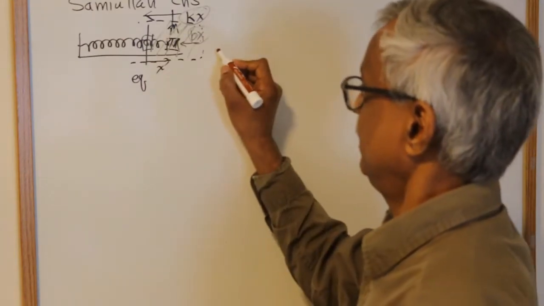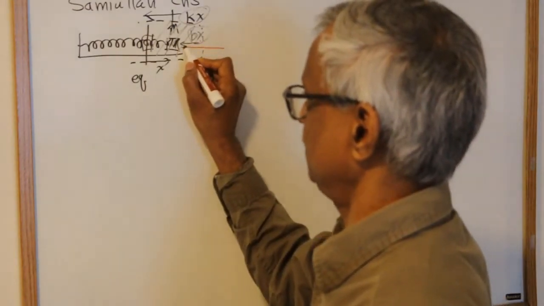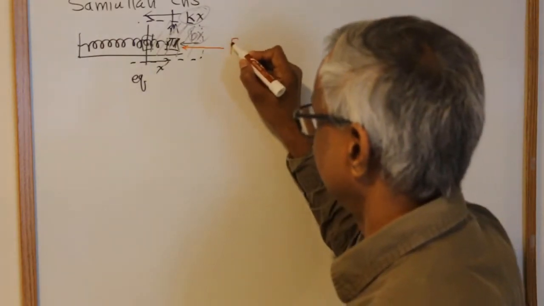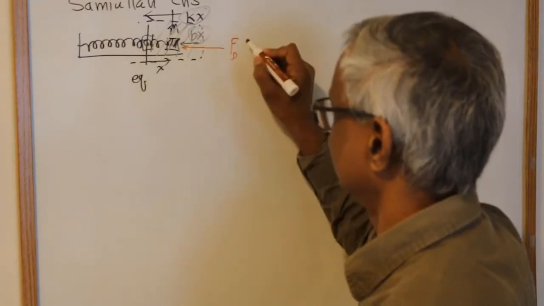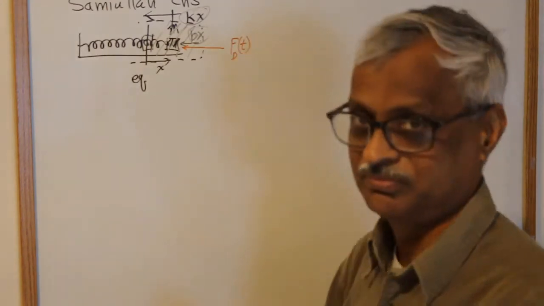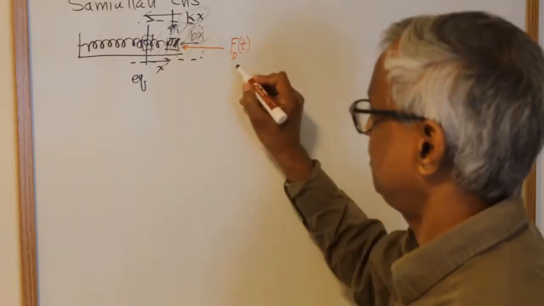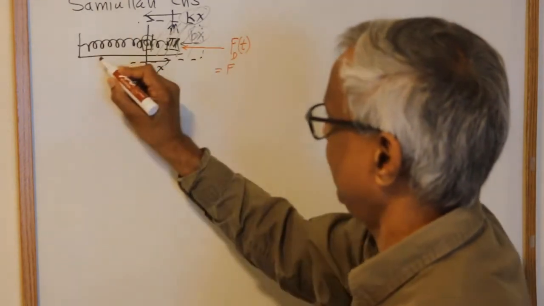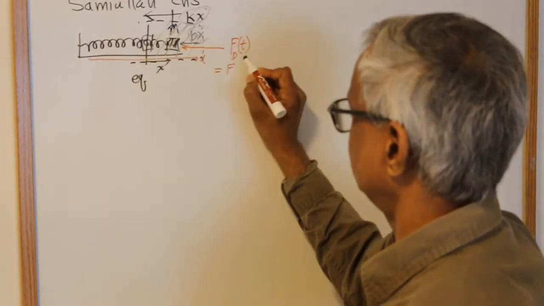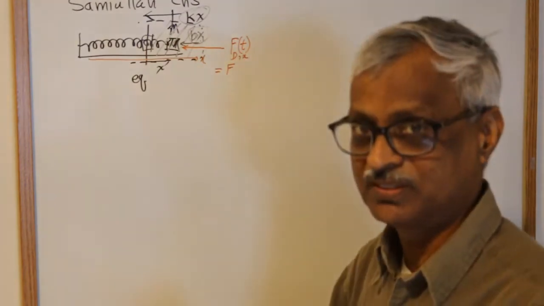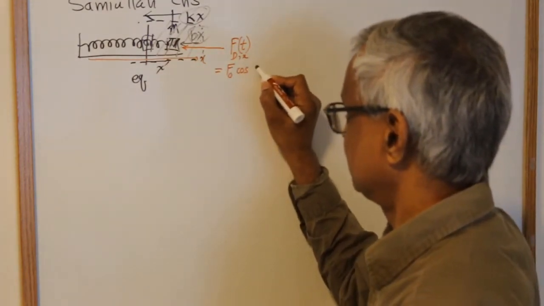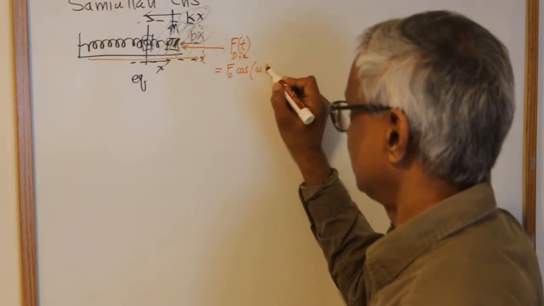Okay, so we will assume that in this system you have one more force. We'll just say driving force, which is a function of time, and we'll pick a particular function of time. This is the x direction, so we're looking at the x component of this force: f0 cosine omega t.